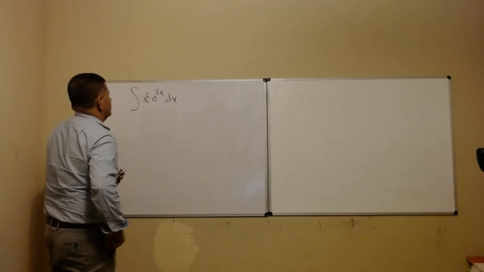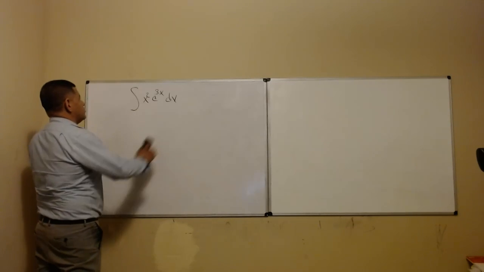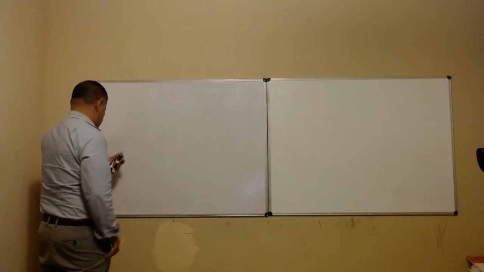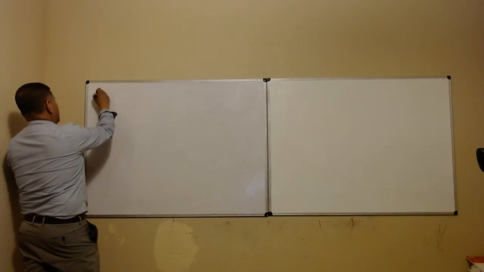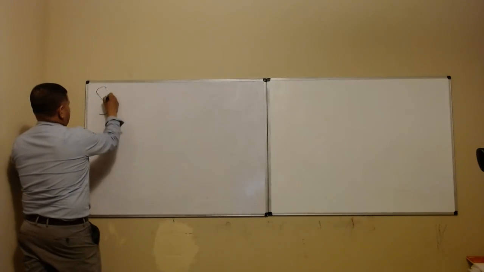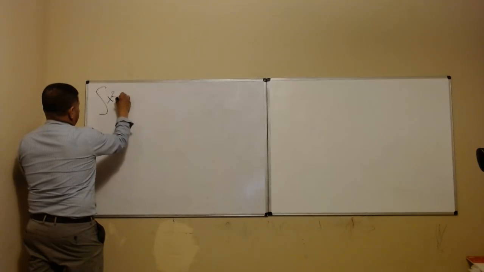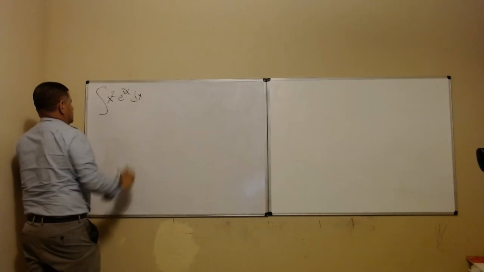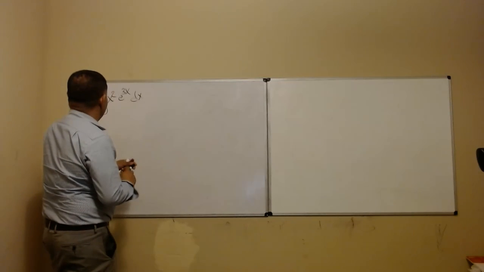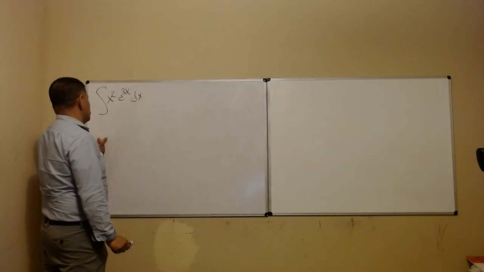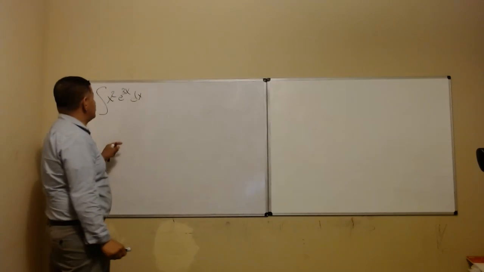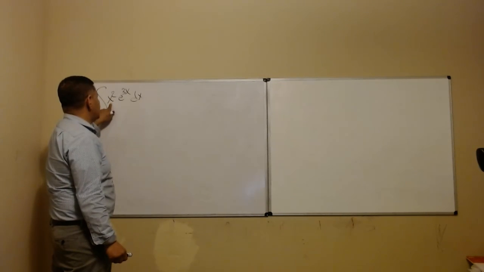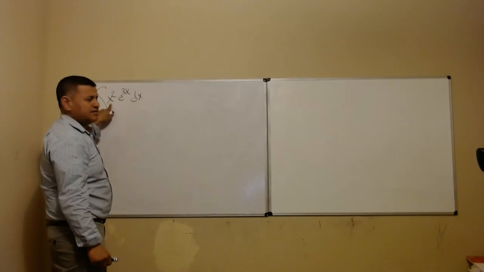Let me write it right here so I have a little more room: x squared e to the 3x dx. The complicated part of this problem is that we have an x squared here, so we have to integrate twice.